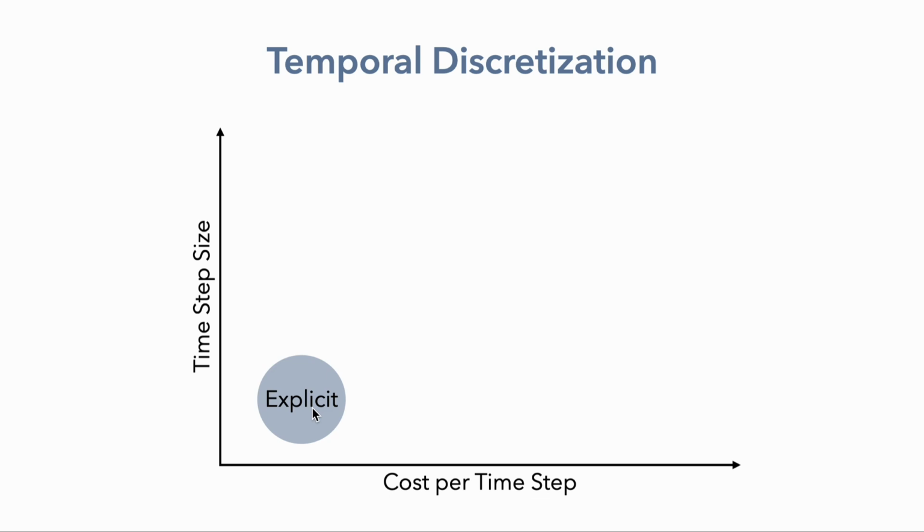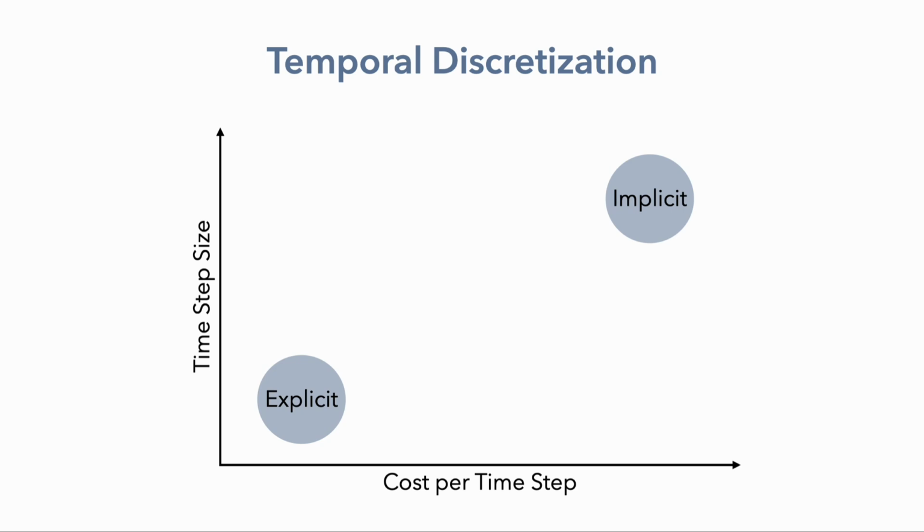In contrast, for an implicit scheme, we can take a much larger time step size, maybe 10 or 100 or 1,000 times larger than an explicit scheme, but the cost of that time step is much larger because we need to generate preconditioners, we need to do nonlinear solves, Newton's method, all of this kind of stuff. So if we look at classical approaches, explicit or implicit methods, we're kind of stuck between a rock and a hard place. Either we're limited by the time step size or we're limited by the cost per time step with an implicit method.